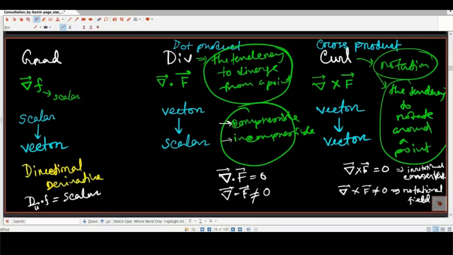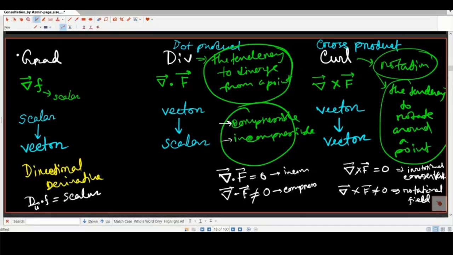So if curl is 0, then the field F will be irrotational or conservative. If curl is not 0, then it will be a rotational field. So if divergence is 0, it will be incompressible. And if divergence is not 0, then the fluid flow will be compressible.